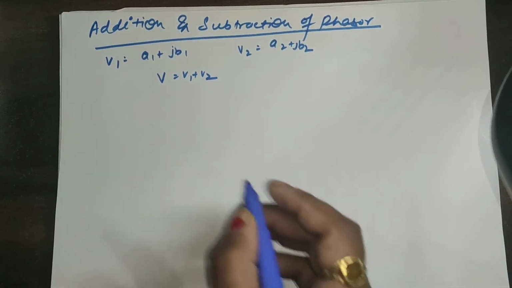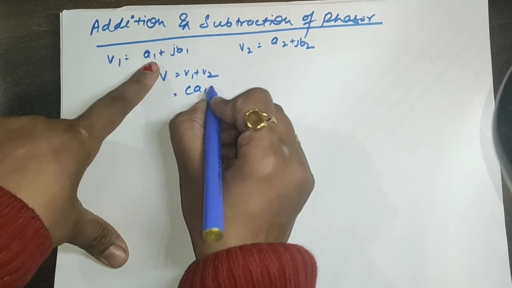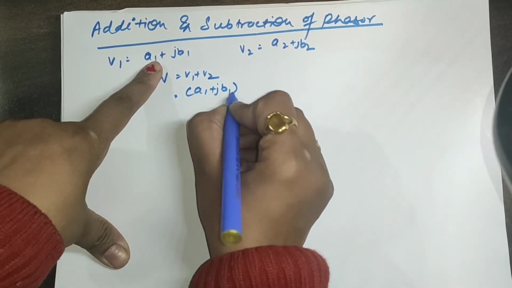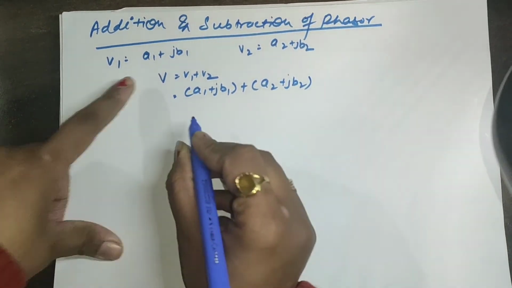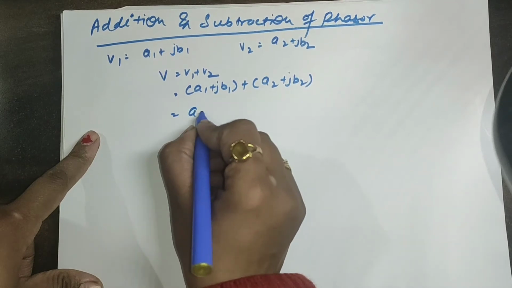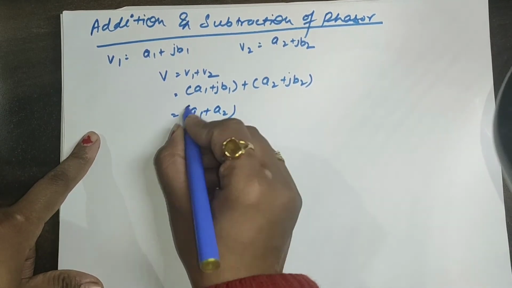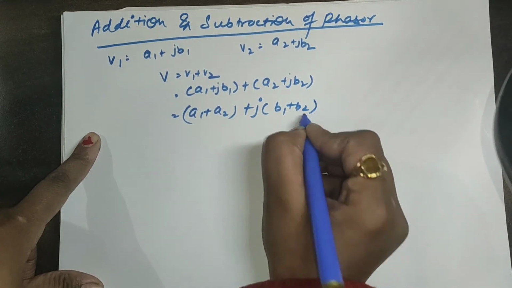So how can we do that? That will be A1 plus j beta 1 plus A2 plus j beta 2. So we add the real and imaginary terms separately: A1 plus A2 plus j beta 1 plus beta 2.